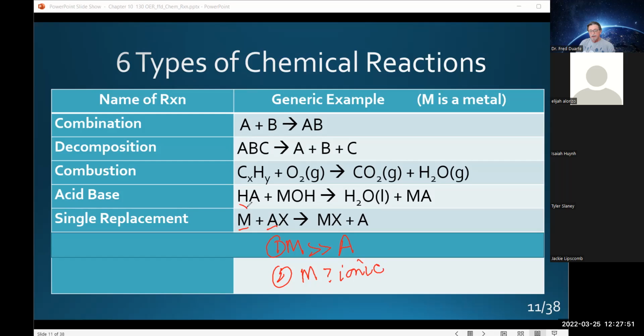It's not, because M is in element form. So if the answer is no, then reaction proceeds as written. Positive reaction, as follows.